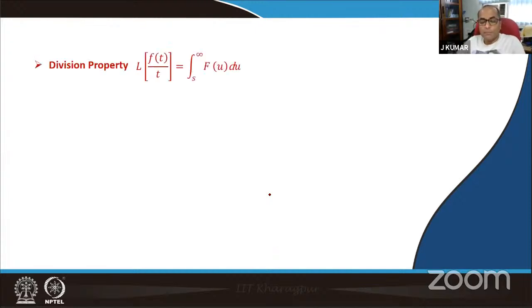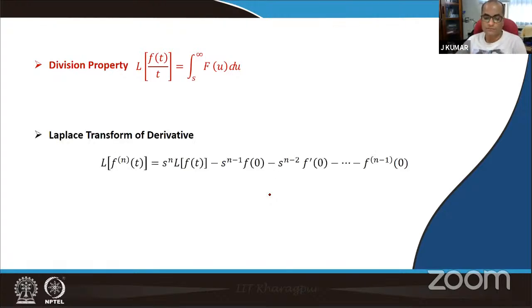There is a division property which says that the Laplace transform of f(t) over t is the integral from s to infinity of F(u) du. Then the Laplace transform of a derivative is very useful for applications, when we solve ordinary differential equations and partial differential equations.